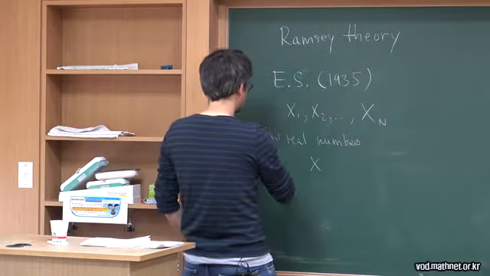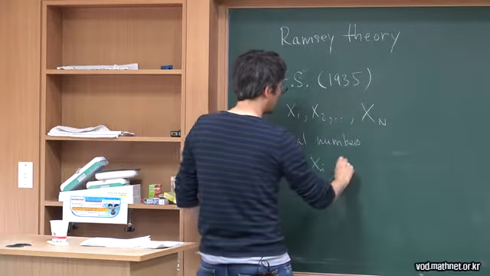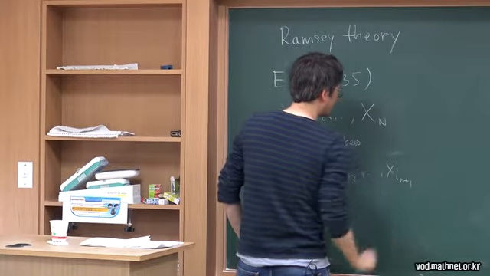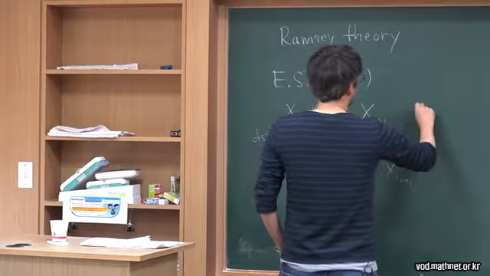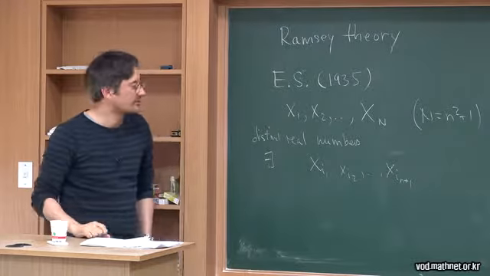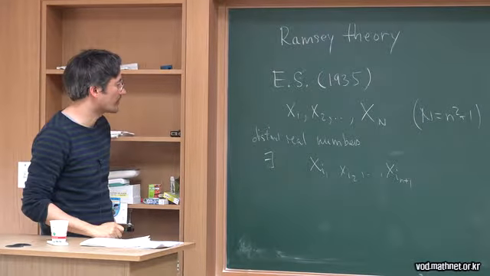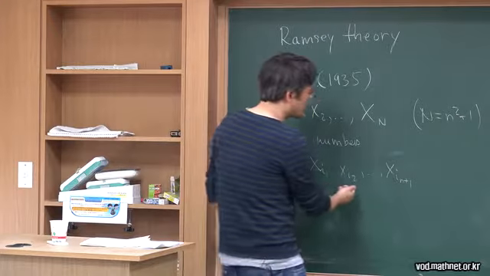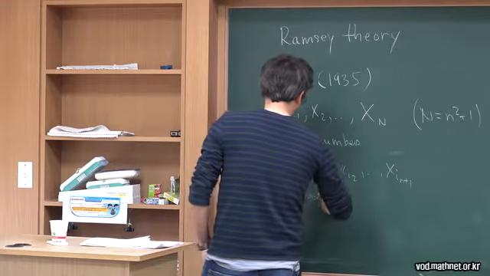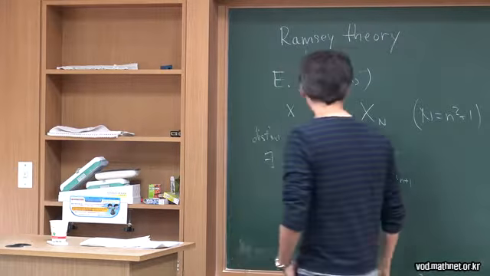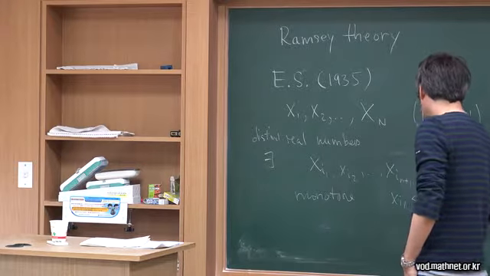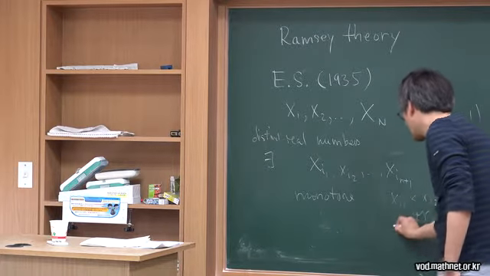There's a subsequence xi1, xi2, up to xi_{n+1}, where I have to write N equals n squared plus 1. So you take n squared plus 1 distinct real numbers, order them in some sequence, whichever way you want. No matter how you do that, there will be a subsequence of length n plus 1 which is monotone. That means xi1 less than xi2 and so on, so that's increasing, or decreasing.